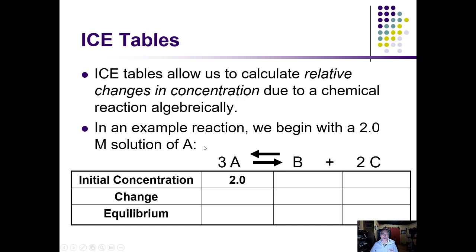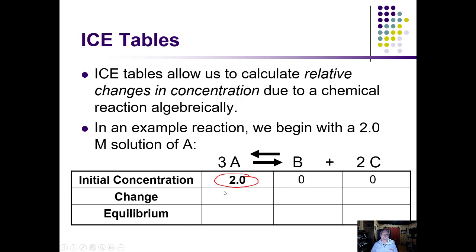So in the example that I've got here, we begin with a 2 molar concentration of reactant A. And so we denote that right here as 2 molar. That is our initial concentration. So that's all we've got so far. So we're starting out with only a concentration of reactant A, which means that we don't have any of our products. So their concentration at the beginning of the reaction is 0 in both cases.